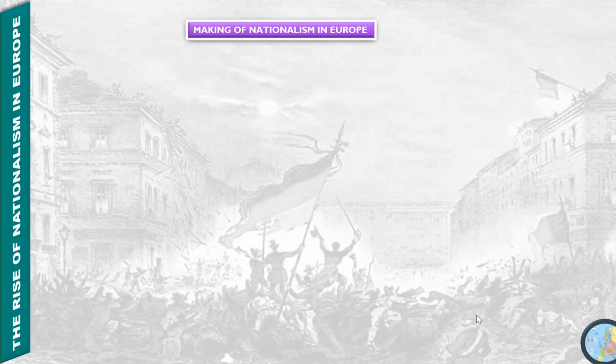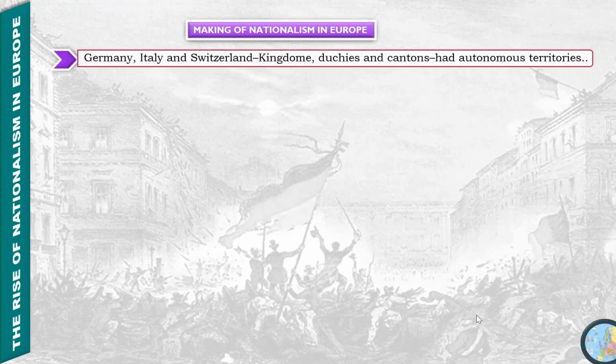The next topic is the making of nationalism in Europe. If you look at the map of mid-18th century Europe, you will find that there were no nation states as we know them today. What we know today as Germany, Italy, and Switzerland were divided into kingdoms, duchies, and cantons whose rulers had their autonomous territories.